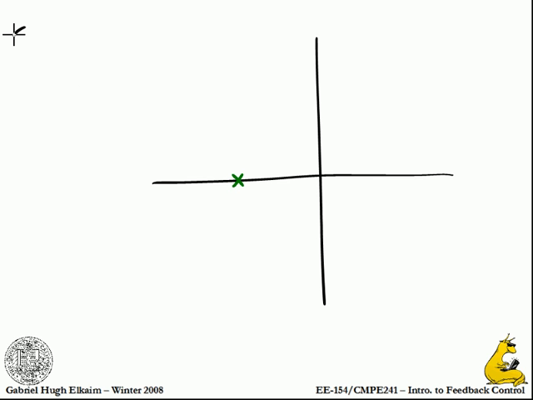So now G of S is going to equal 1 over S plus A. Shall we just go for the interim spot, or shall we just go for it directly? Here's a spot I'm going to probe: sigma, j omega, A.